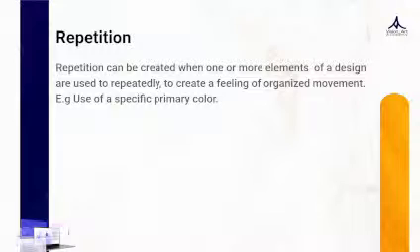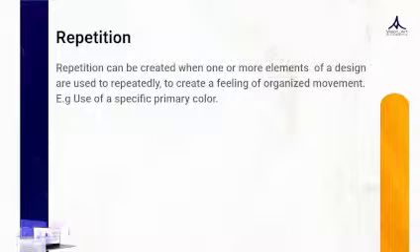Okay, when something is used repeatedly, it is trying to create a kind of feeling that this is what this thing means. So a feeling of organized movement, e.g. is the use of a specific primary color.